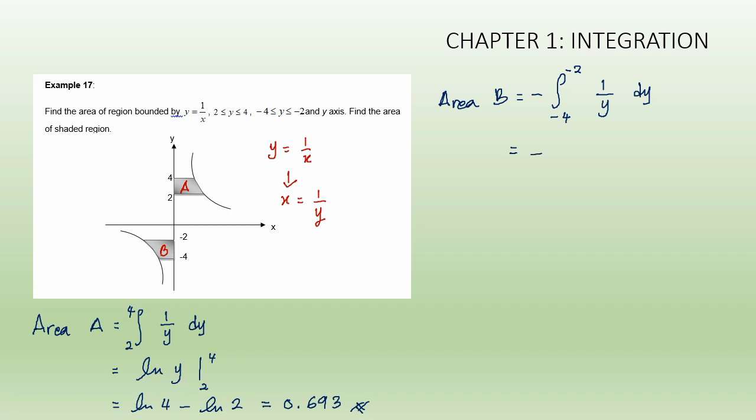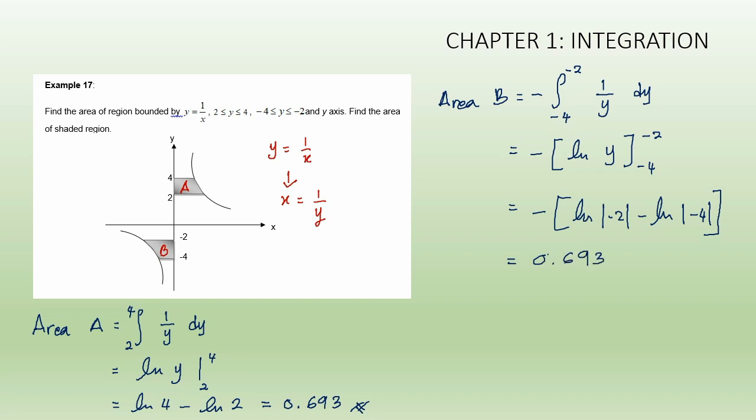So we integrate and we have ln y from -4 to -2. Then we substitute the values: we have ln -2 minus ln -4.